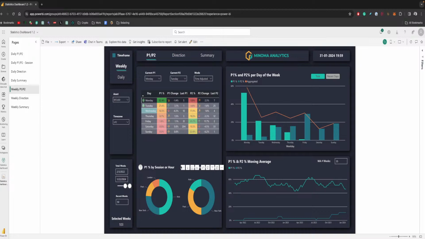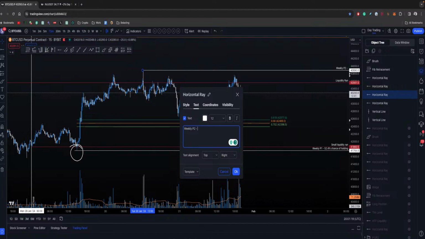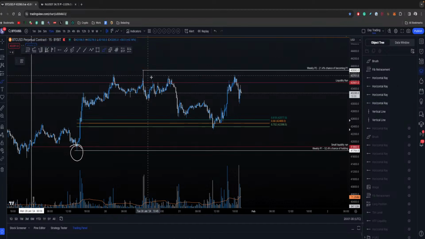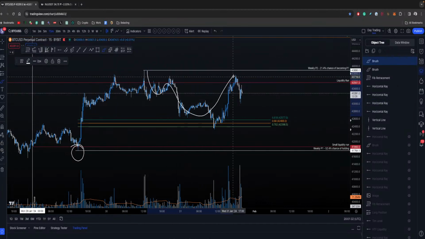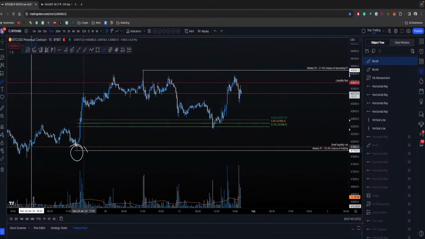And the other one, 21.4% chance of becoming P1. So this would mean from here on out, if this becomes P1, this would have to happen. Right? We need to take this out.